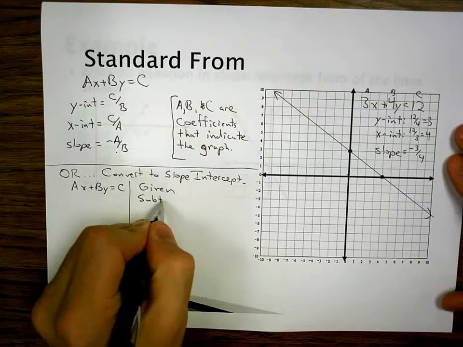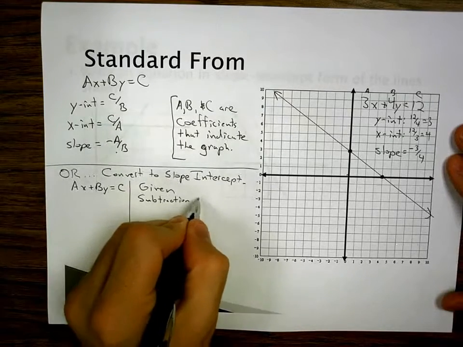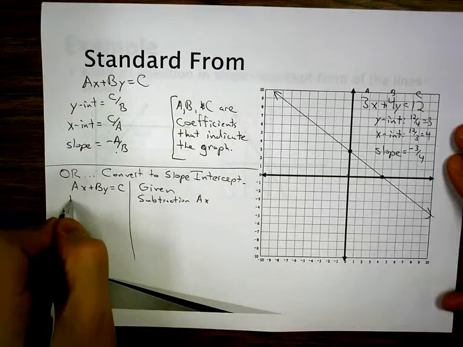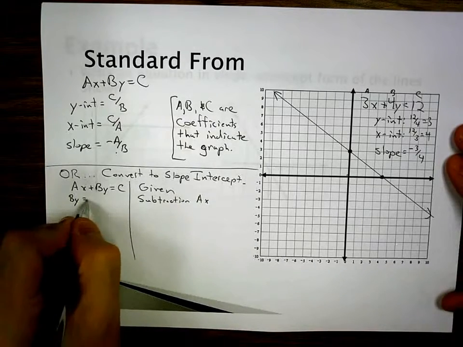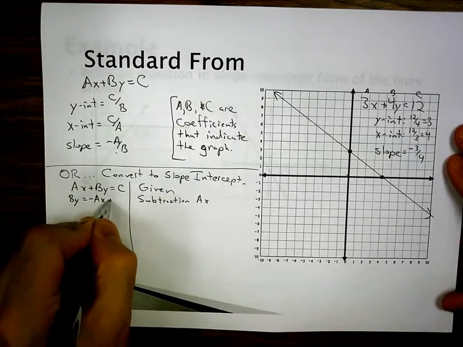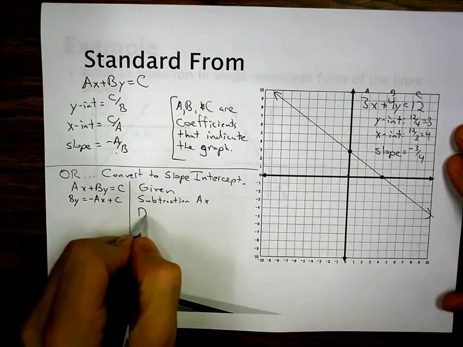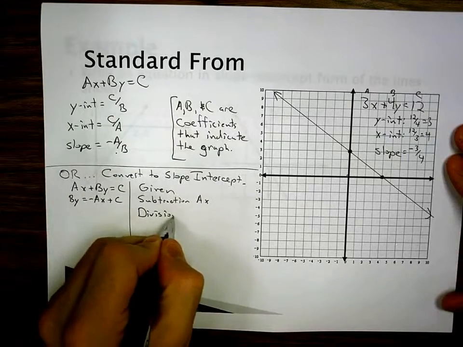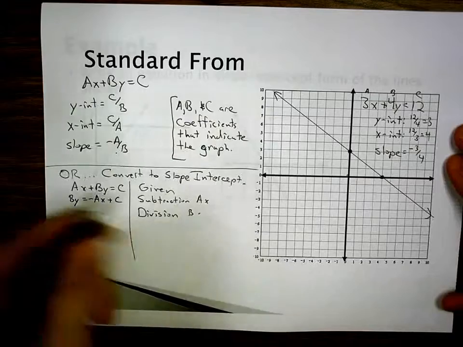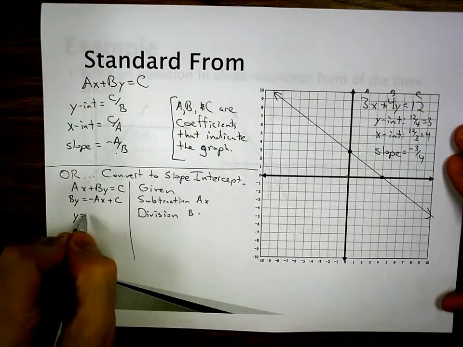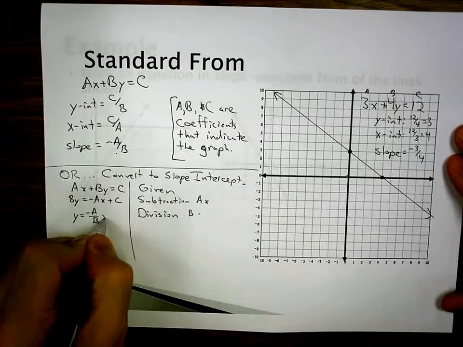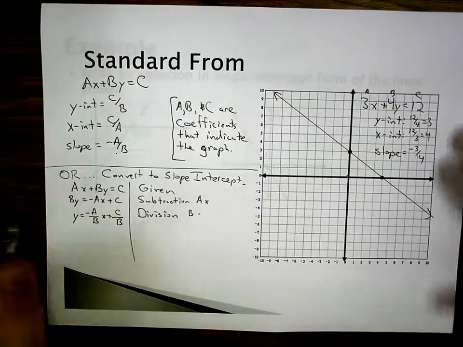Leaves me with by equals negative ax plus c. Now I'm going to divide by b to get y by itself, and I get negative a over b x plus c over b.